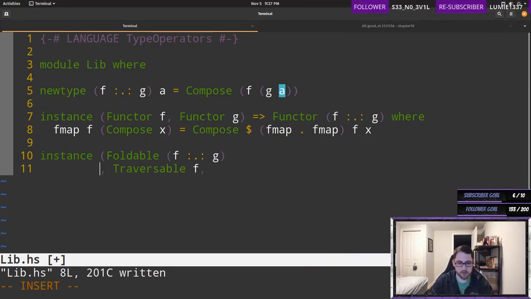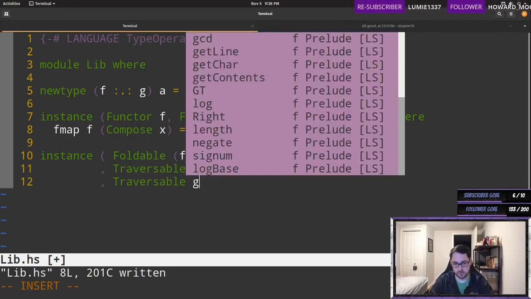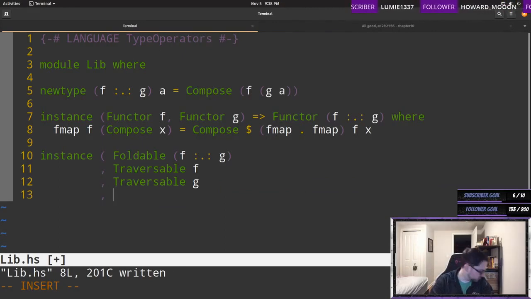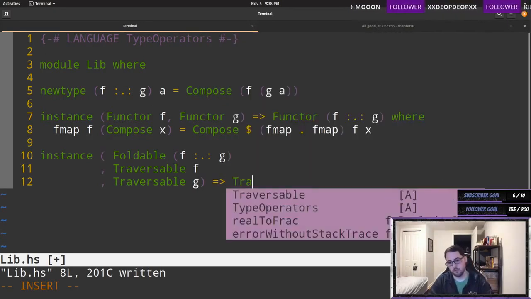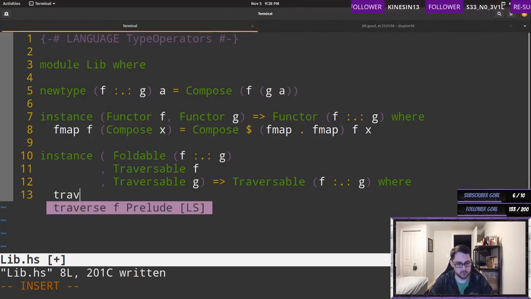Let's do the following. Traversable G, and probably functor. You really don't need this? Interesting. Traversable. Reverse.